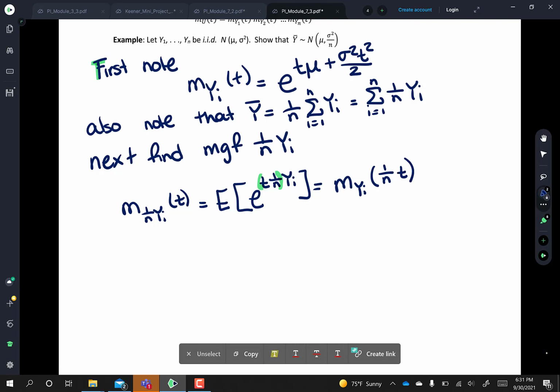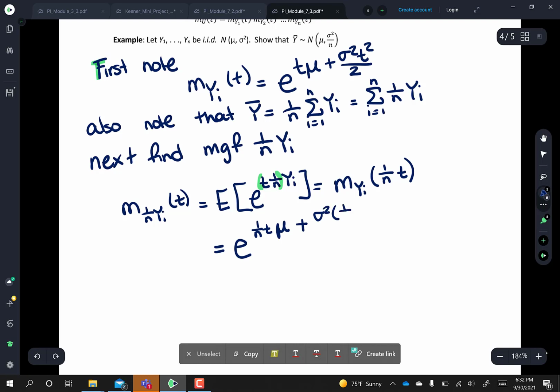And we know the moment generating function of yi, so this is going to be equal to e to the 1 over n t mu, because up here for the normal distribution we've got e to the t mu, so evaluated at t over n, that's going to be e to the 1 over n t mu, plus sigma squared 1 over n t squared divided by 2.